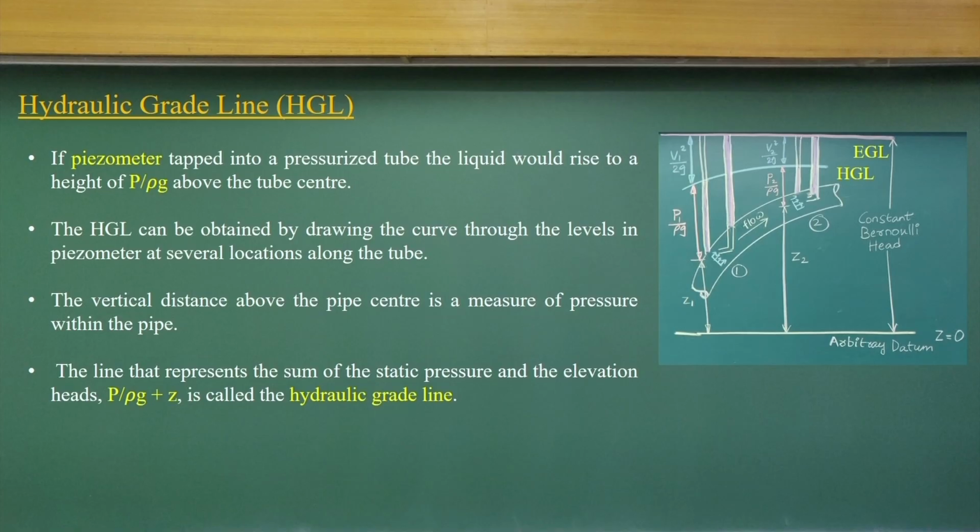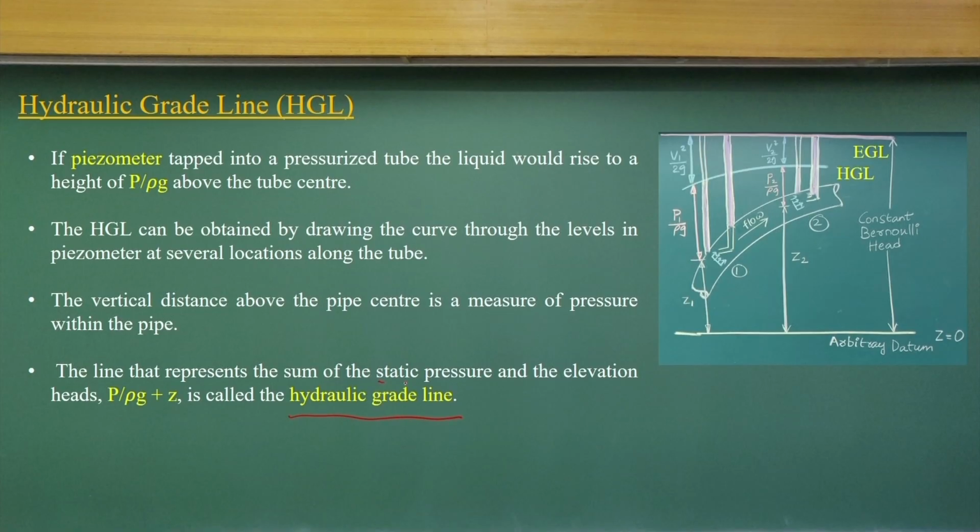That is what I have explained. So, basically, the piezometers and the hydraulic gradient line: the hydraulic gradient line is the sum of the static pressure and the elevation, and the vertical distance above the pipe center is a measure of the pressure within the pipe.